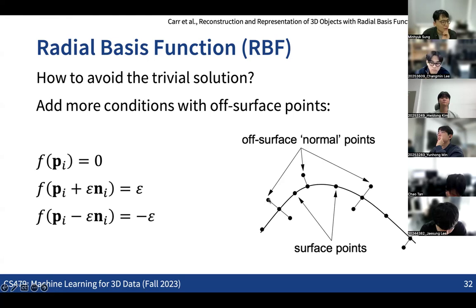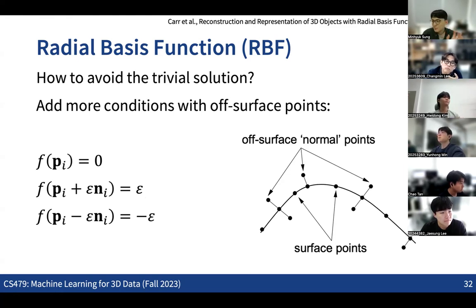But if we want the positive distance to be outside, then we can set this offset distance as the signed distance value at this point. And we also take the minus of the distance as the signed distance value at this point, right? So given the n points, we are adding 2n more points with non-zero values for those points, in a way that we can avoid the trivial solution. Make sense?